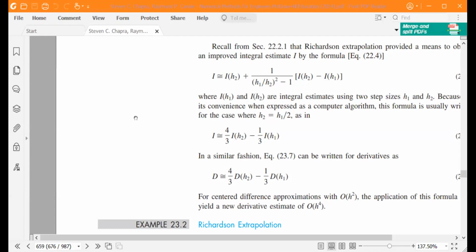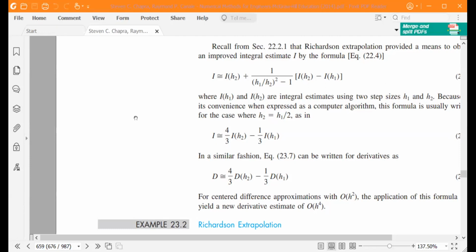As we have seen in the case of numerical integration, we have a technique that we call Richardson extrapolation, where we can calculate our integral numerically for two different step sizes, say H1 and H2, where H2 will be the finer step compared with H1.